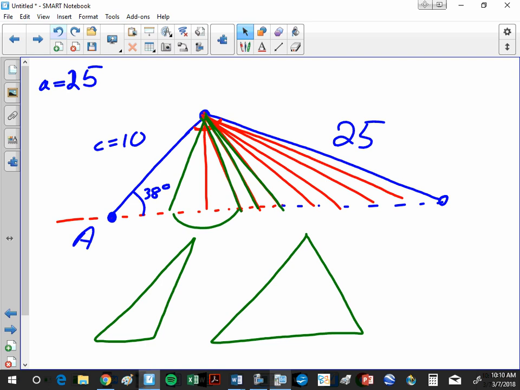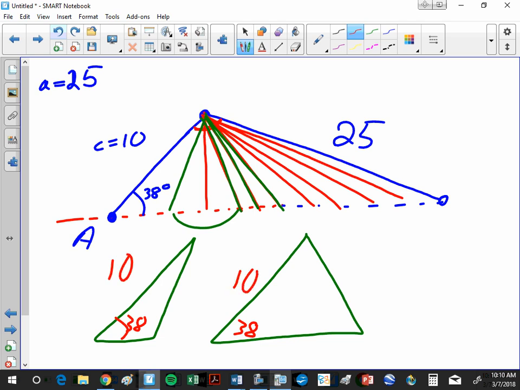So it's something like 38, 38, 10, 10, and then that might be like 12 and 12. Do you see the problem? When does that happen? Well, it happens when the second side is just the right length. Long enough to create a triangle, but not long enough to guarantee one triangle.